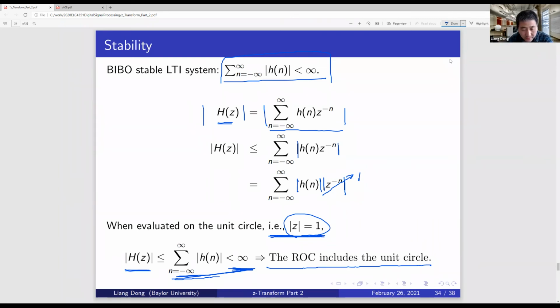I need to point out here that evaluating the Z transform on the unit circle has a special meaning. It's very important because, as I said, we can always write this, where omega is the radian frequency, that's omega equal to 2 pi f, and f is the frequency. So later on we will focus only on this particular region.